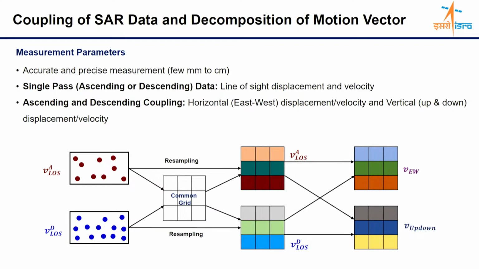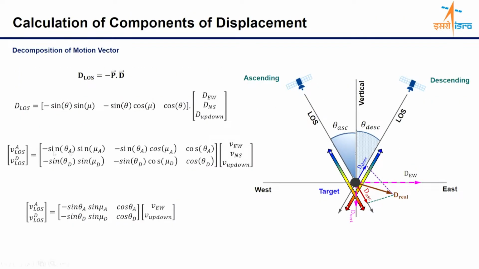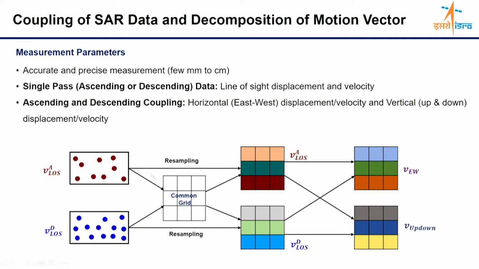Then there is another problem in applying these particular equations shown here. Theoretically it seems fine, but if you apply it practically, there are some difficulties. Suppose this represents the line of sight displacement from the ascending pass. Tomorrow we will discuss some advanced techniques of interferometry.